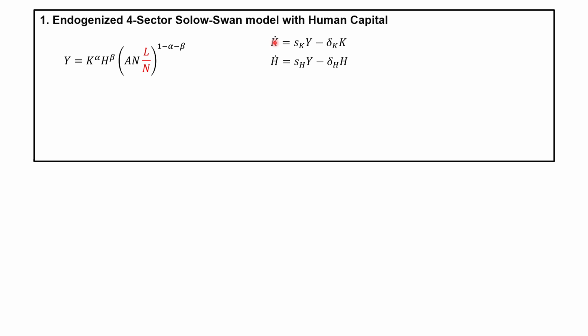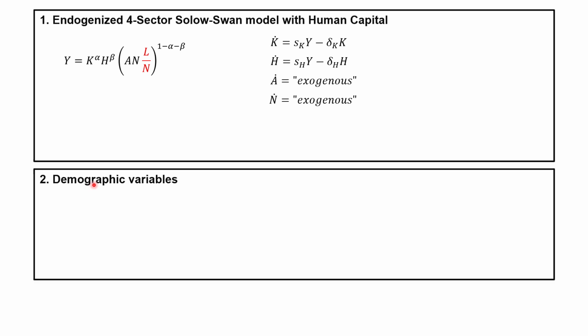And typically the exogenous version of the Solow-Swan model assumes that technology growth is exogenous and that population growth is also exogenous. So these are our four sectors: physical capital, human capital, technology, and population.